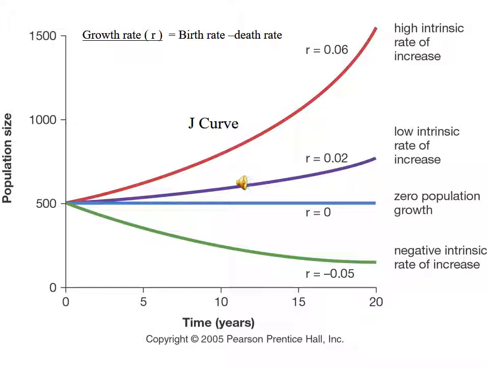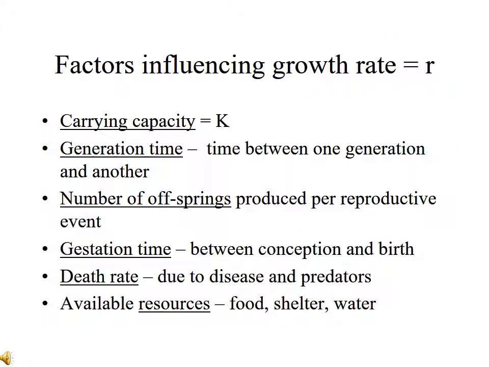Of course, if R is below 0, the curve actually goes down, indicating a negative growth rate and a decrease in the population per se. Now, so what are the factors that are influencing the growth rate? Certainly the carrying capacity, K, as we discussed before.